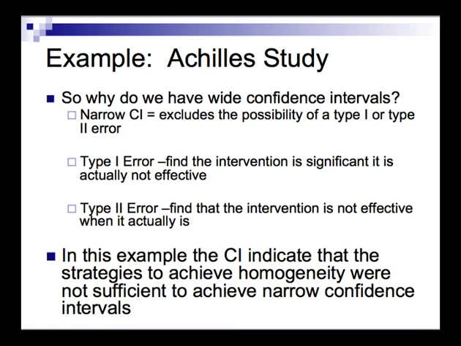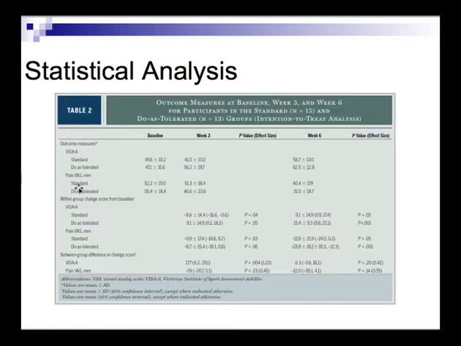So let's look at how this works, applying it to this sample. We have our Achilles tendon results here, and we go back to the same between-group differences that we were looking at a few minutes ago. We notice that the VISA-A at 3 weeks has a point estimate of 17.7.